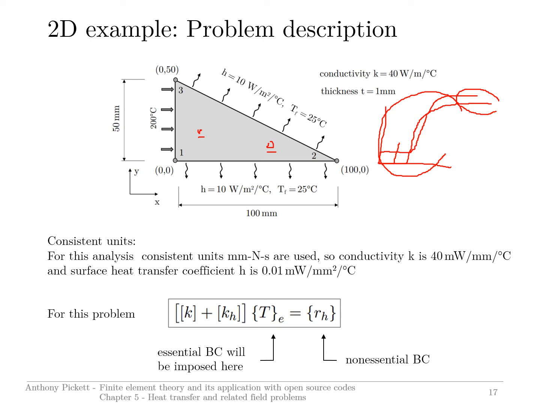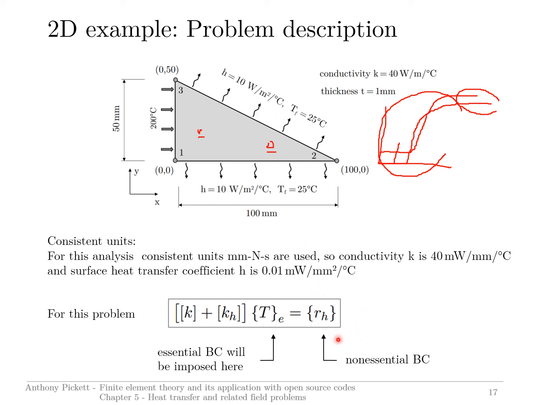We are going to use this equation to represent this particular problem. We have the conduction for the material. This is a necessary convection matrix because of these two surfaces here which are heated. This will be our nodal temperatures, and this will also be a vector related to these convection flows on these two surfaces. So this is the problem we want to analyze.